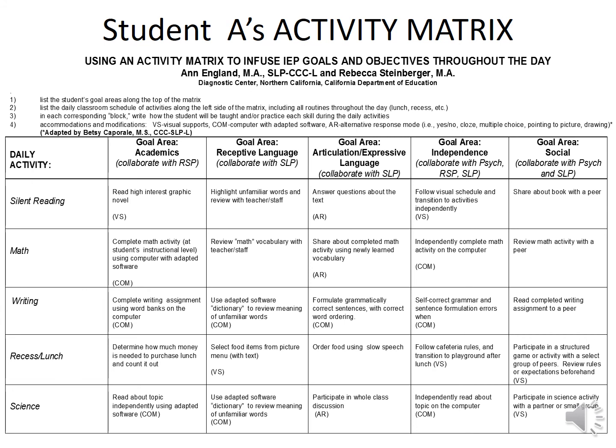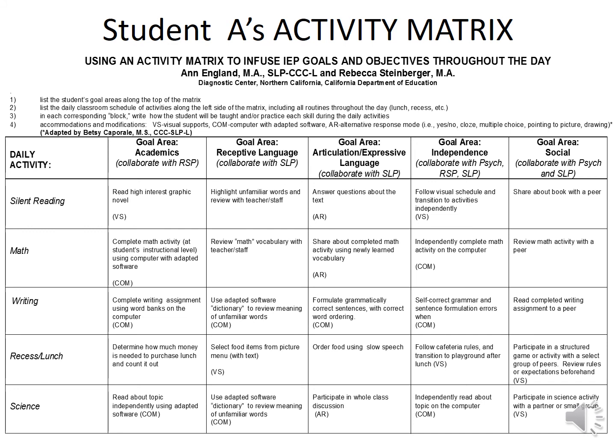In terms of articulation, we're going to offer him an alternative response mode in the classroom. So he can answer questions about the text, maybe using yes, no, or short answer, or cloze procedure.